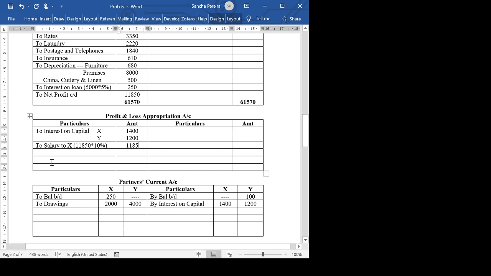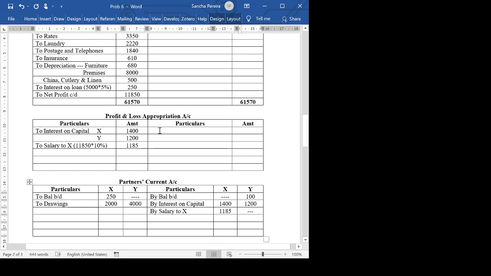Again, expense to the business, income to the partner, by salary to X. So it is 1185. Y doesn't get any salary. So all these payments to partners, both the effects, one effect will be in the appropriation account and the other in the partner's current or capital account.